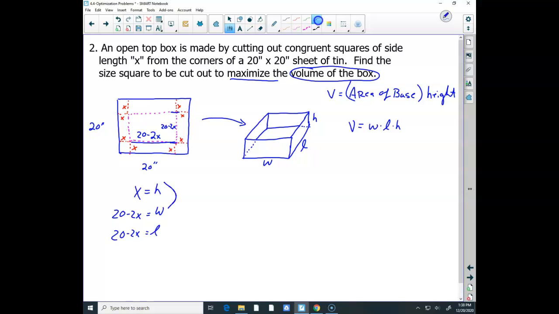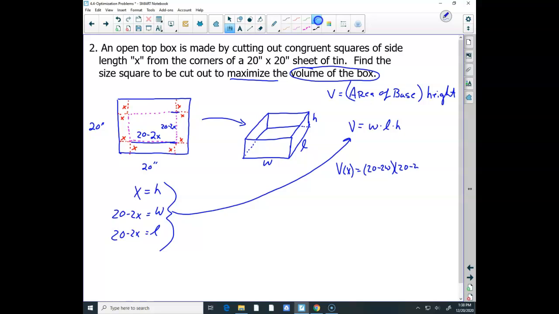So I can take all 3 of these and rewrite them into one function. In the end, my volume in terms of x is going to be 20 minus 2x times 20 minus 2x, why did I say w?